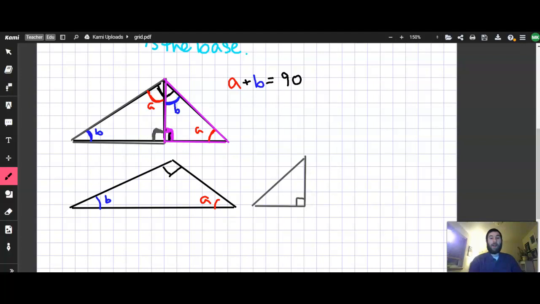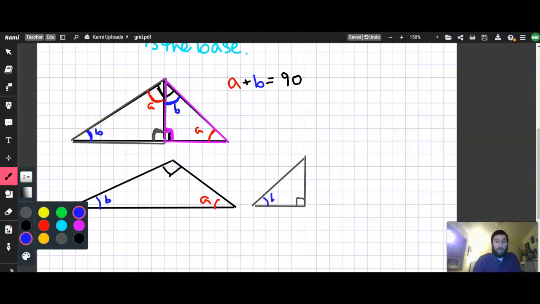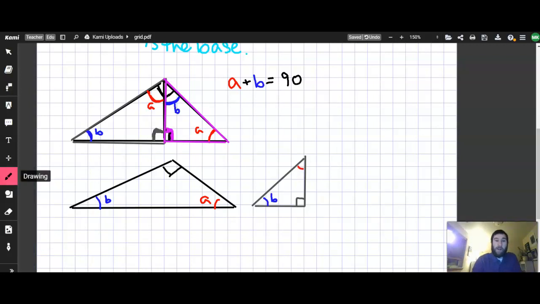Similarity means that all the angles are the same and the triangle's just a different size. And so, if all the angles are the same, then it has to be similar. So, here we go. We have our 90 that's already matched up. And in the gray one, we have the blue angle, that's the B right here. Boom. And then the red angle on top, that's our A.